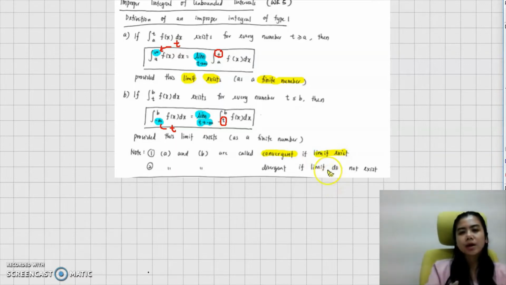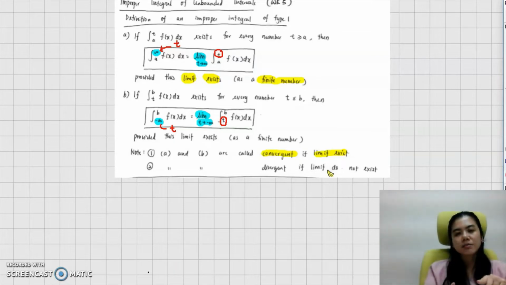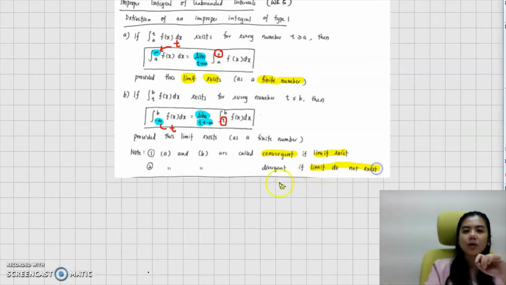But if you find the answer is in terms of infinity, which is not a finite number, then we say that the limit does not exist, or in the term we say that it's divergent.